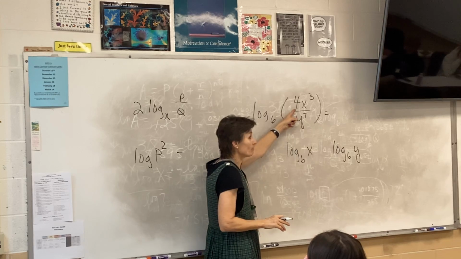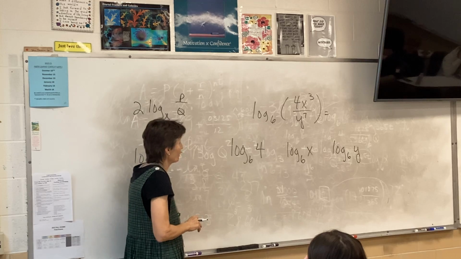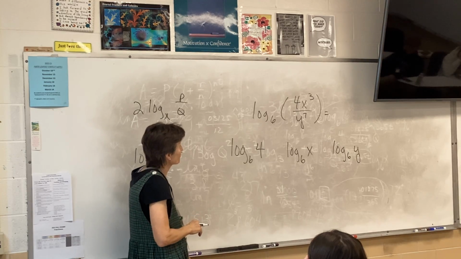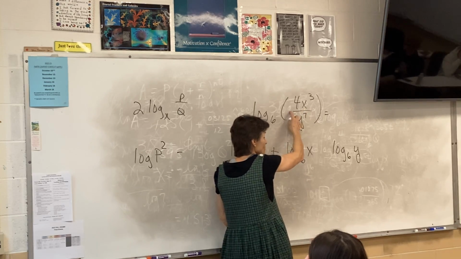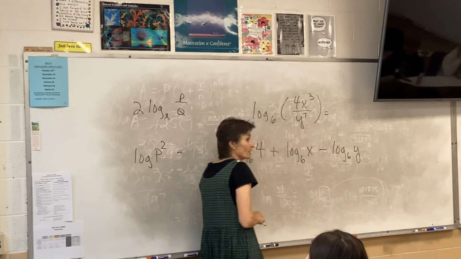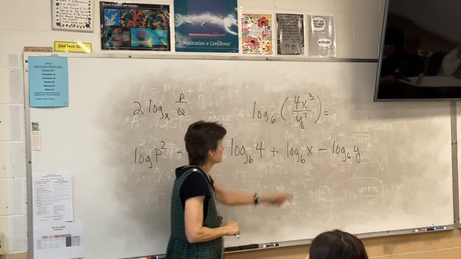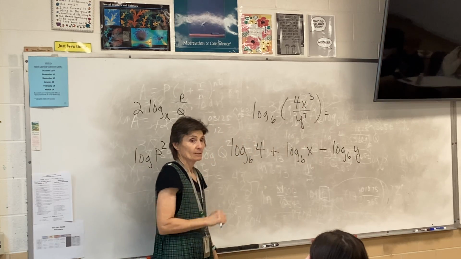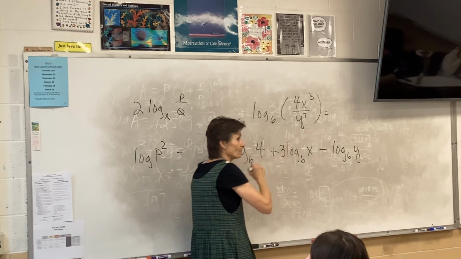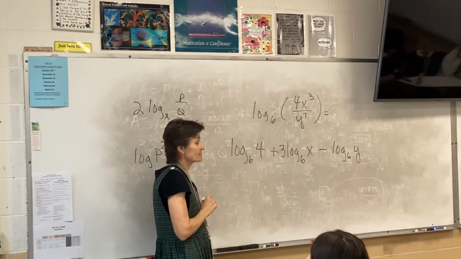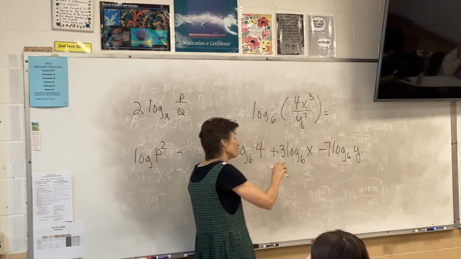So you're gonna have a log of 4, a log of an x, and a log of a y. Now, pluses or minuses? The first 2 are pluses because I'm multiplying those, and this one's gonna be a minus, right? What happens to that 3 right there? It goes in front of only the x. So he goes right here. And what happens to the 7? It goes in front of the y. So that would be the correct answer.